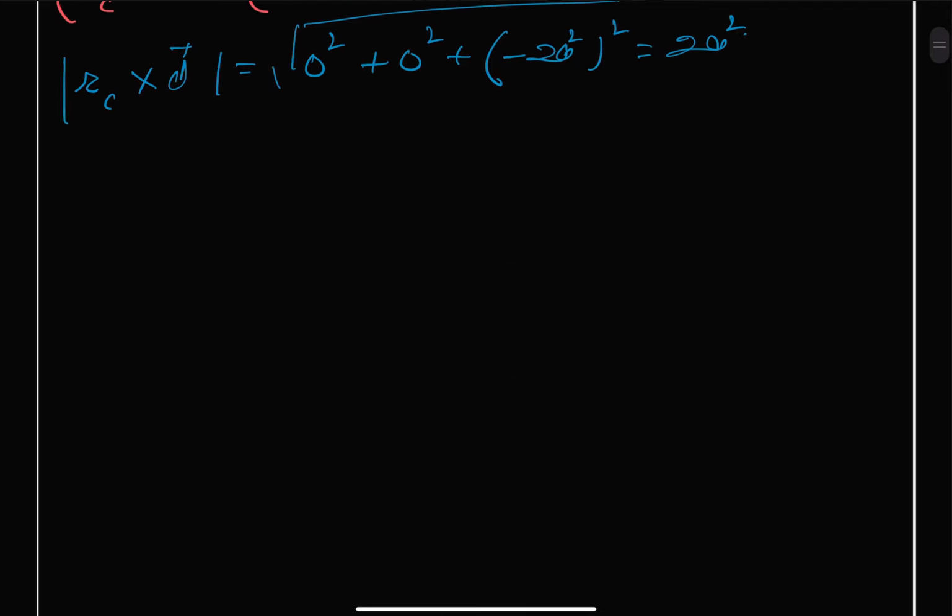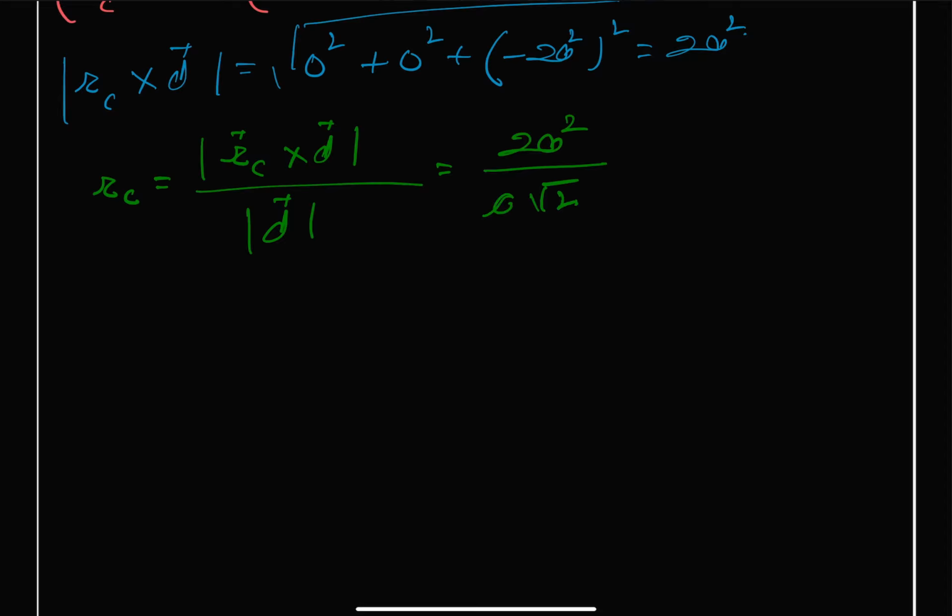So we can say that our distance r of C will be equal to the cross product's magnitude divided by the d magnitude, which comes as 2A square divided by A square root of 2.